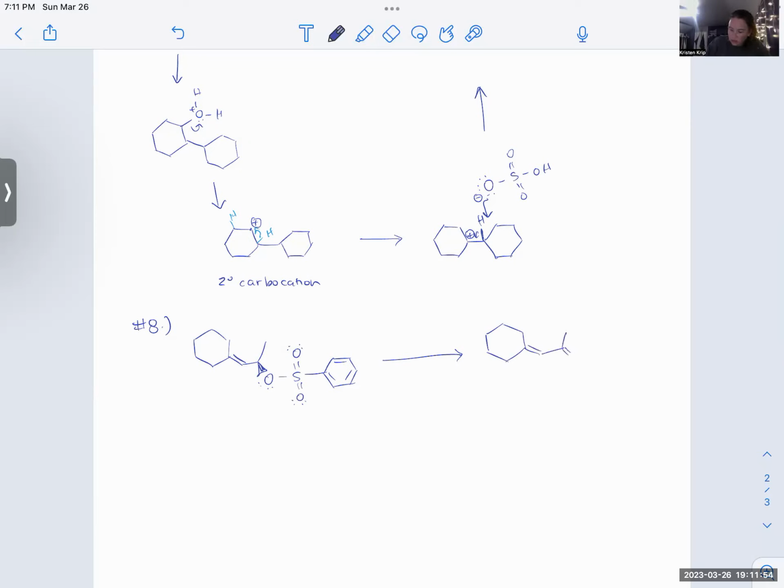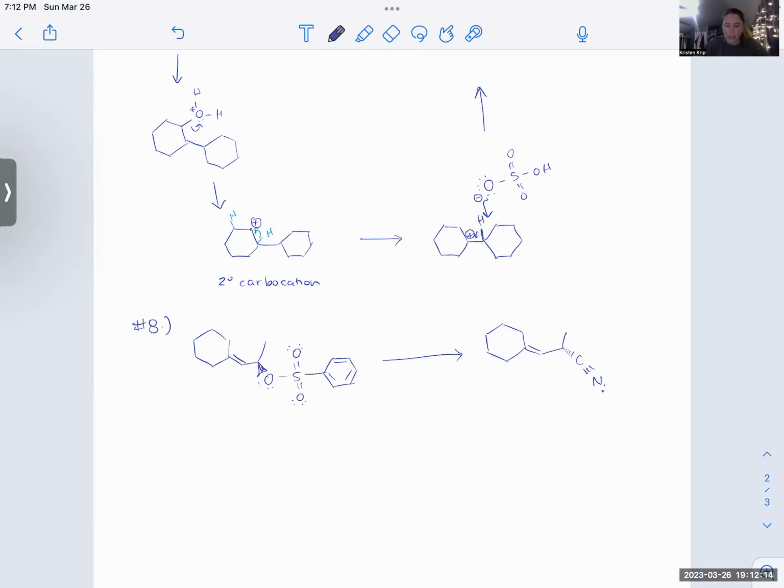Nope, that's too many. That's not even supposed to be there. Okay, so for this one, we're asked to give the reagents and conditions to perform the following reaction.